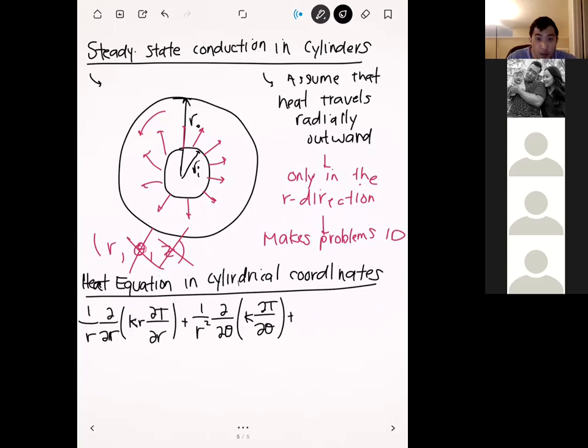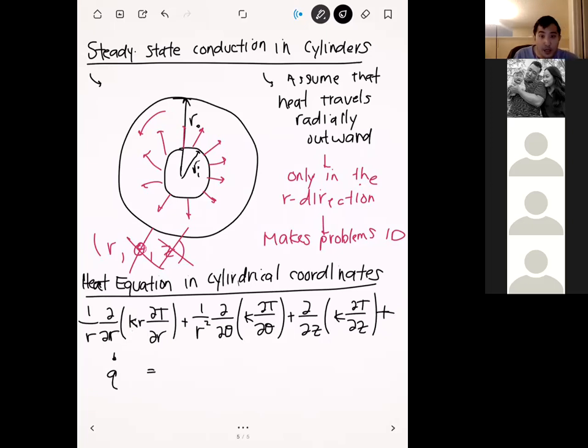Then we have a Z term: partial Z of K, partial T, partial Z. We also have our thermal generation term, which has the same symbol as before, Q dot.